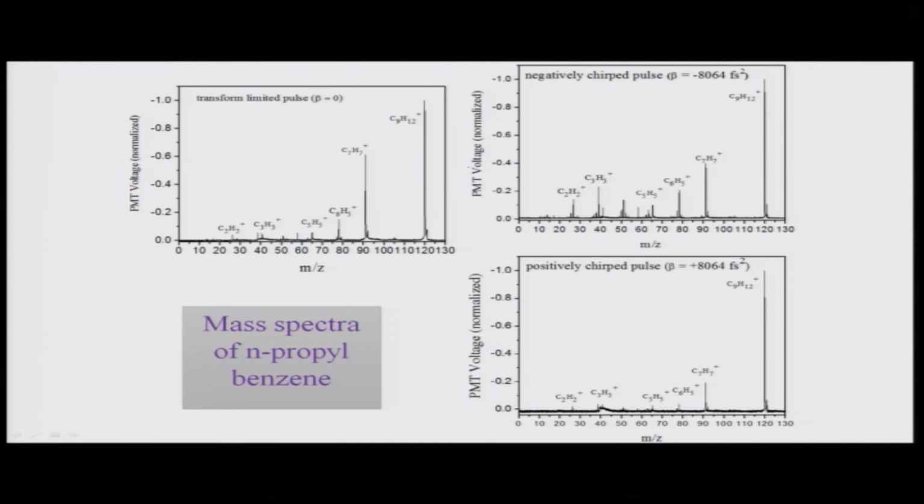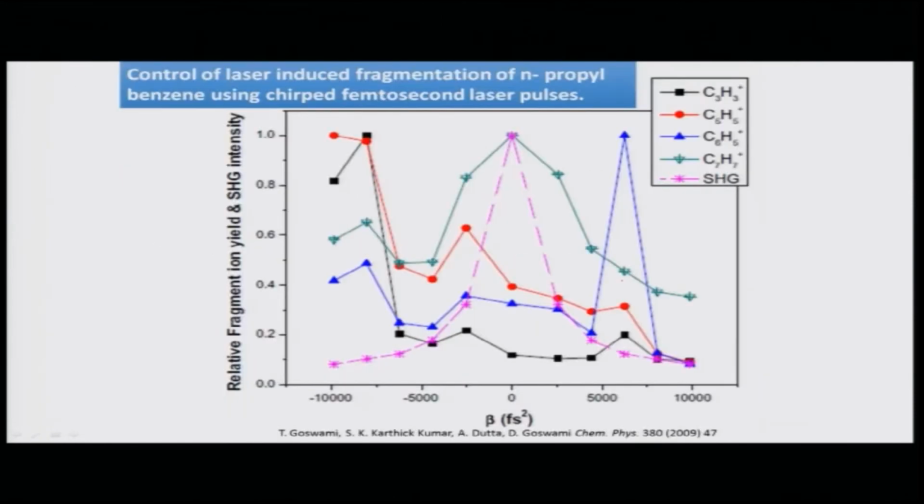However, the mass spectra of the N-propyl benzene change as the frequency chirp is changed between positive and negative frequencies, and as they are mapped in a more systematic manner, what can be seen is a laser-induced control of the fragmentation of the N-propyl benzene because of the applied chirp parameter.